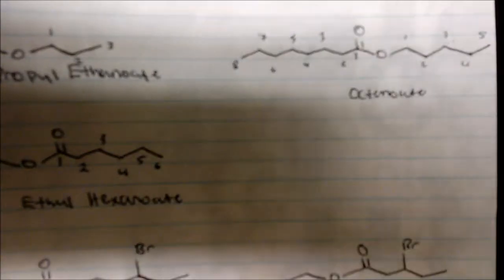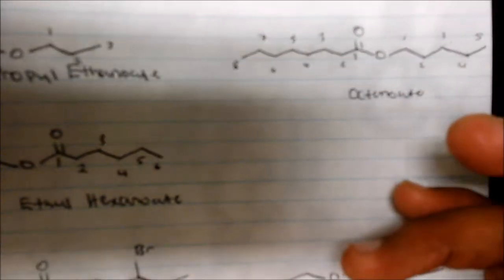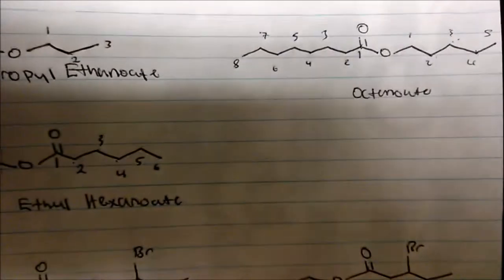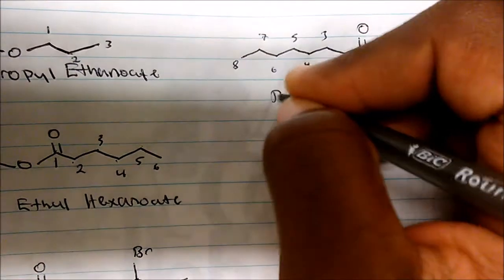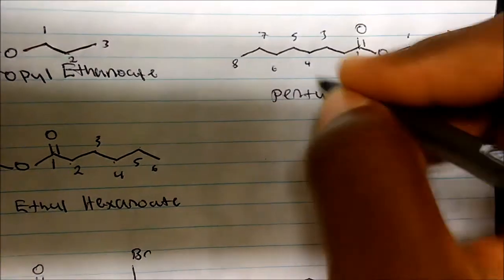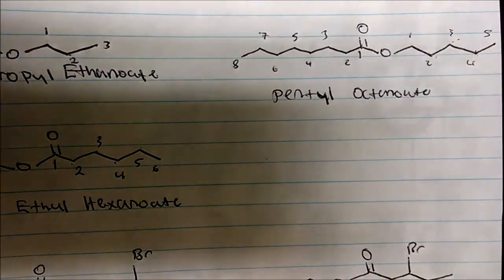If it was an alkane, we would say this is pentane, but as a substituent, we've got to remember this is pentyl. So this is actually pentyl octanoate.